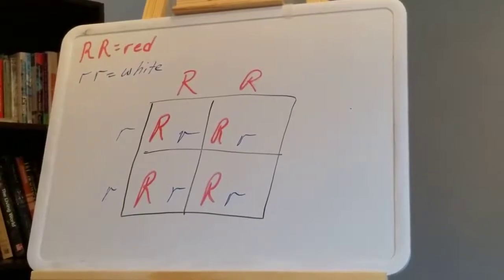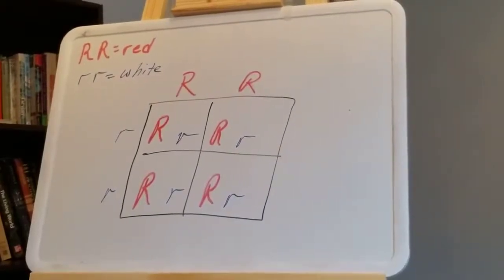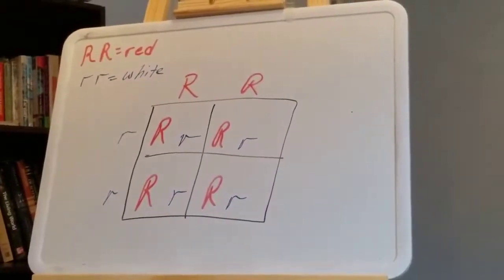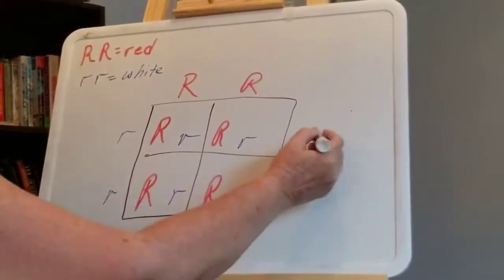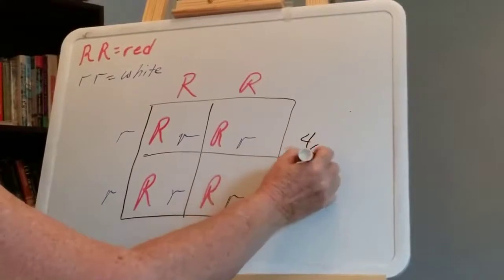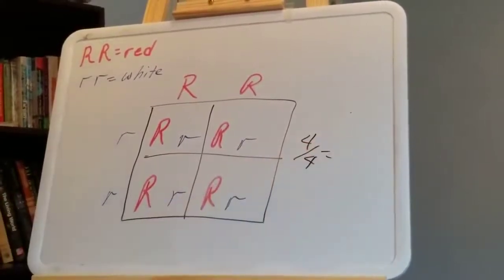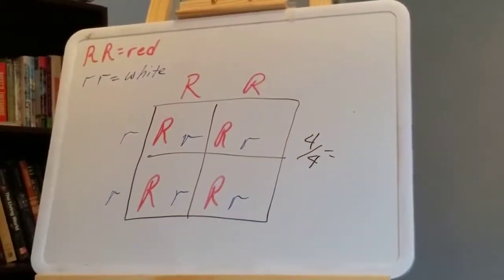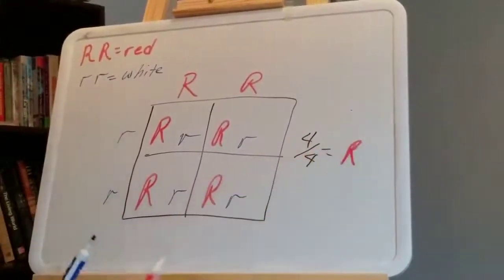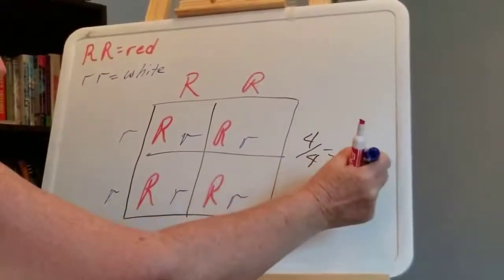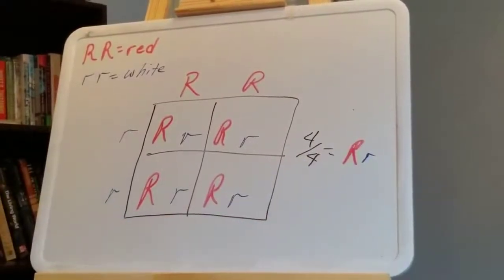Now, if we're going to ask you what the genotype is, you can see right here that 4 out of 4 are going to be the big R, little r. That is the genotype. Remember the letters.